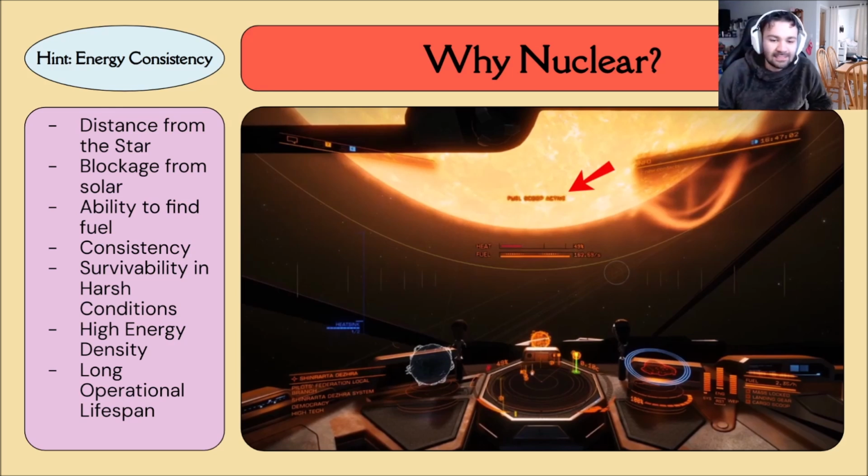So, consistency and survivability in hard conditions. A nuclear power plant may be a little bit easier to maintain in space. Let's say we're going on a different type of mission, like the asteroid belt or the asteroid rings, where you want to do some probing in there, but solar panels require a huge surface area.